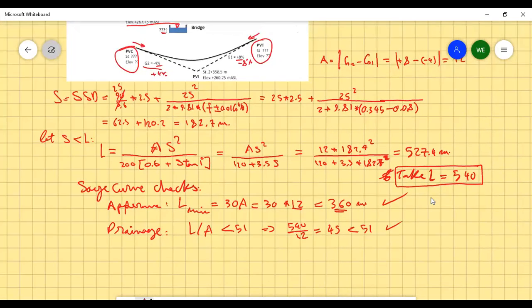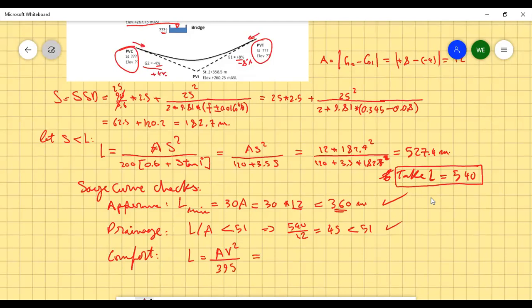is basically for comfort. For comfort, we have L minimum equal to A V squared divided by 395.